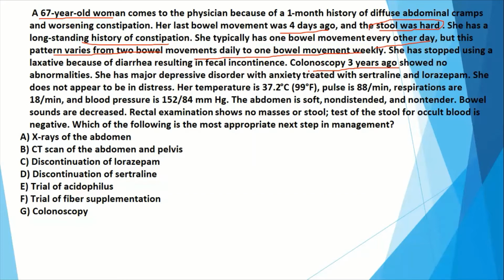You have to decide on that criteria when to perform the screening colonoscopy if you find any abnormality. This patient's screening colonoscopy was normal, and it was just 3 years back. So you don't need to perform a screening colonoscopy at this time.